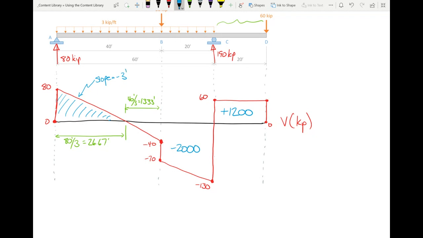I guess I should put here 3 kips per foot. Anybody have an answer for me for this first area? That's exactly right.